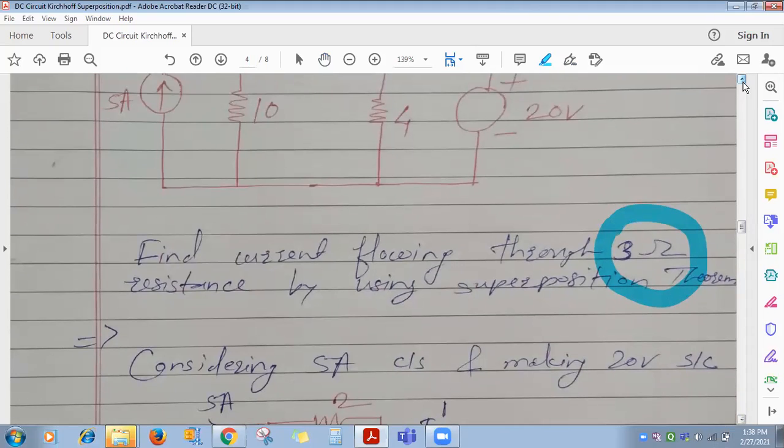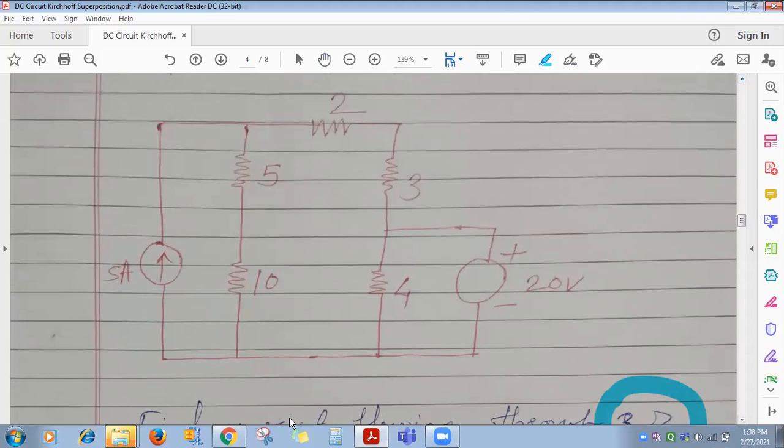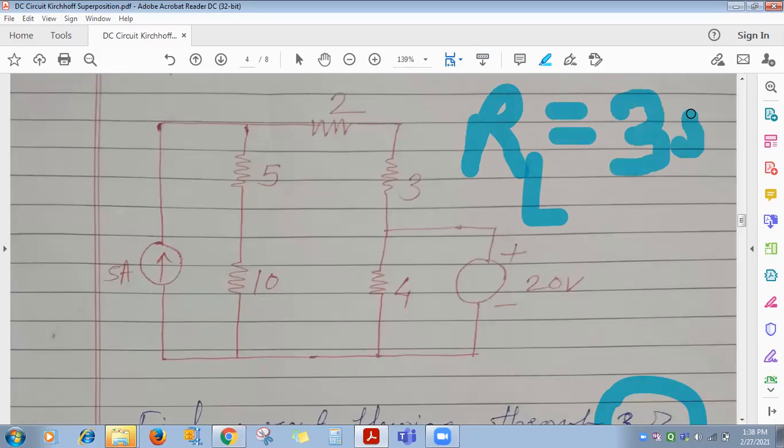This 3 ohm resistance you can consider as the load resistance, which is denoted by R suffix capital L. So R_L is 3 ohm.